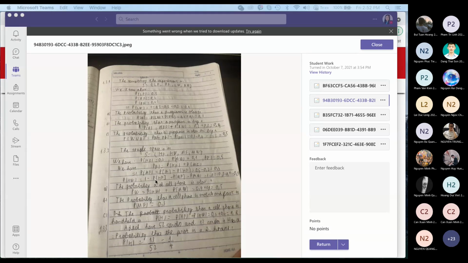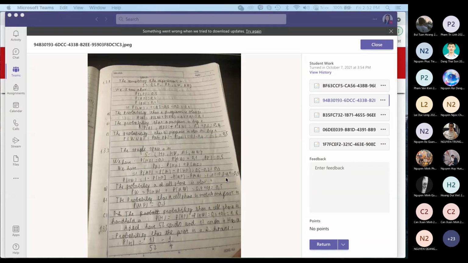HW equals 1 minus the probability of HF minus MF minus MW.